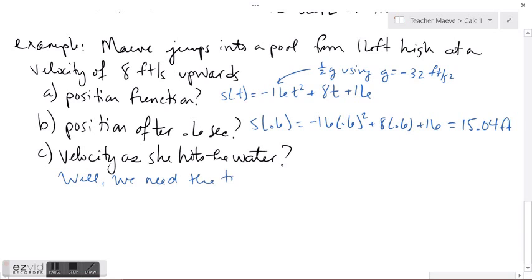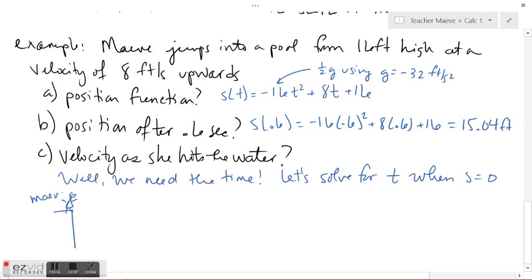Well, so look at the velocity at the water. Don't I actually know the time that it takes me to get to the water? Yes, I do. So let's solve for t when s is 0, because that's when I hit the water. There's me, 16 feet high from the ground.